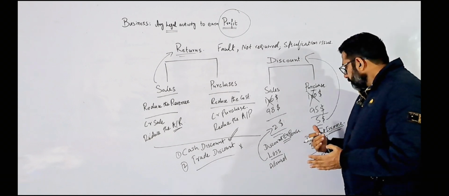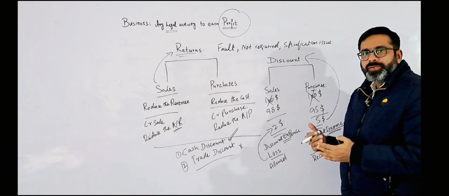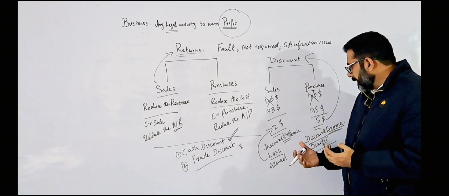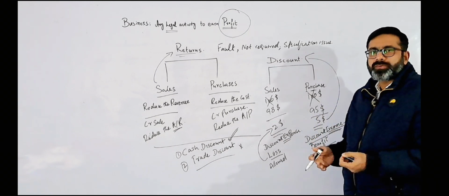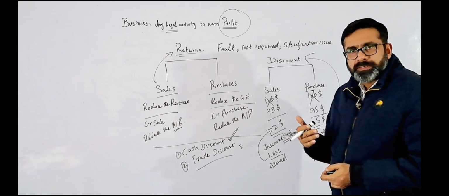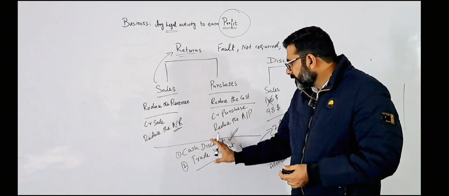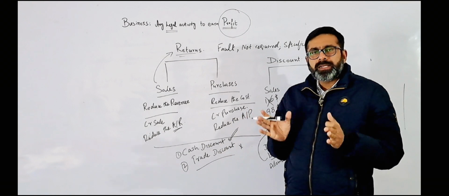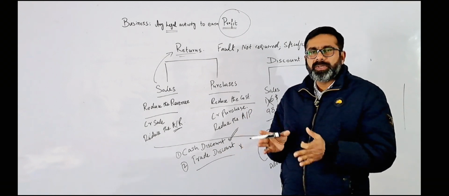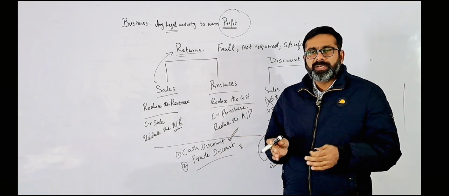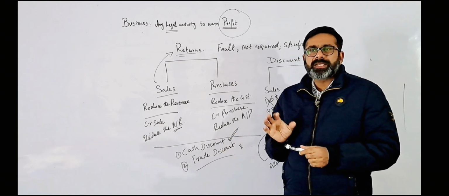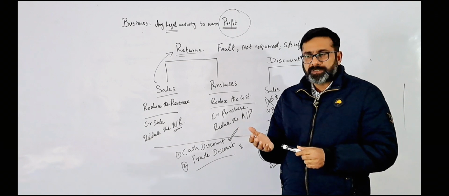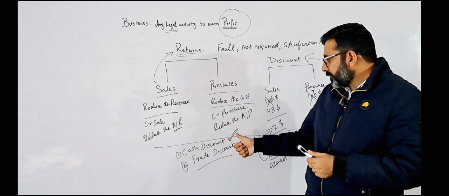But if you are receiving that discount from your supplier, that will be the income or the benefit, or simply the discount received from the supplier. So cash discount is due to the early time period in which you are paying. For example, a 40 days time period is there, but you are paying or receiving the money within the first 10 or 15 days, so that discount is recorded.